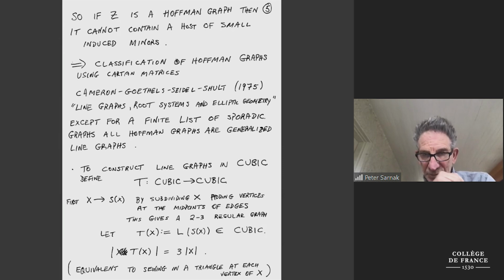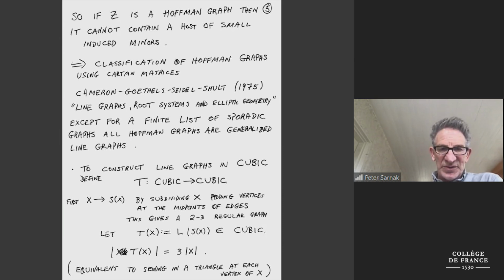They have to be line graphs, so every line graph is a Hoffman graph, or they are subsets of Cartan-type root systems, especially E8, and a finite set of sporadic graphs can also be Hoffman graphs without being line graphs or cocktail graphs. So there's an amazing theorem in this paper called Line Graphs, Root Systems, and Elliptic Geometry, where they classify Hoffman graphs. And we're going to use this in order to discuss gaps.